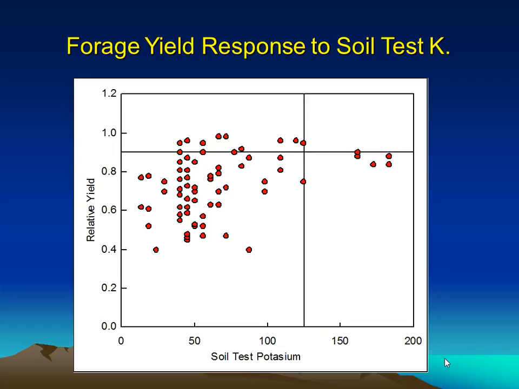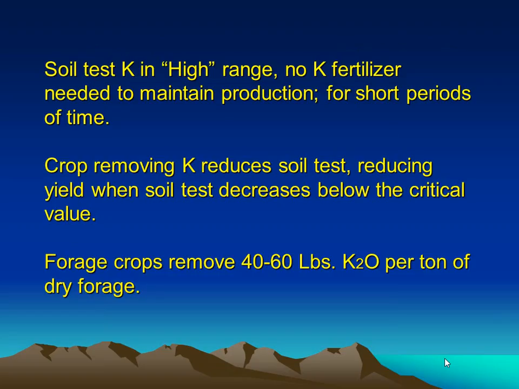But I do know the importance of it. And so, just like phosphorus, if you're in the high range, you can get away for a short period of time without applying potassium. But look here. Forage crops remove 40 to 60 pounds of K2O per ton of hay. They're a big user.